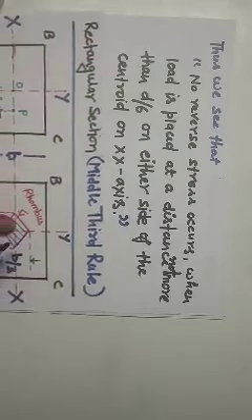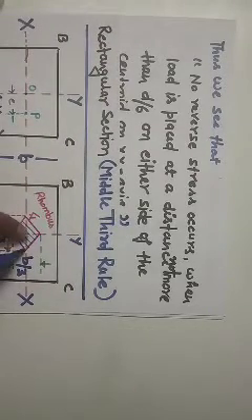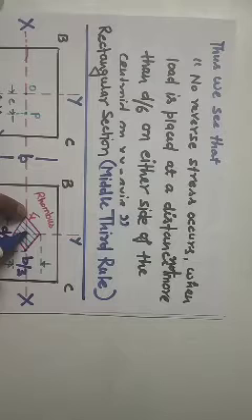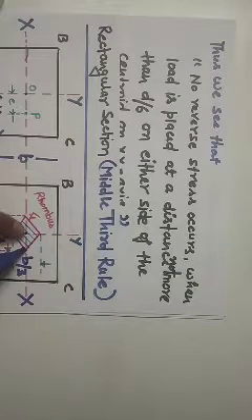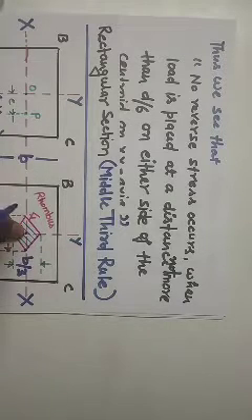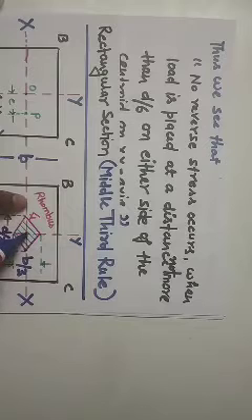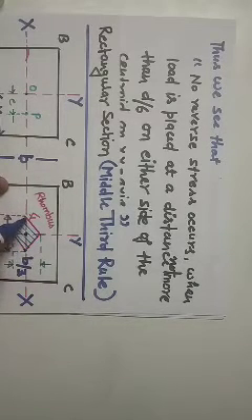This is our d by 6 and this is our d by 6. So it is saying that no reverse stresses occur when the load is placed at a distance not more than d by 6 on either side of the centroid. This is our centroid point. This distance is d by 6 and this distance is d by 6.